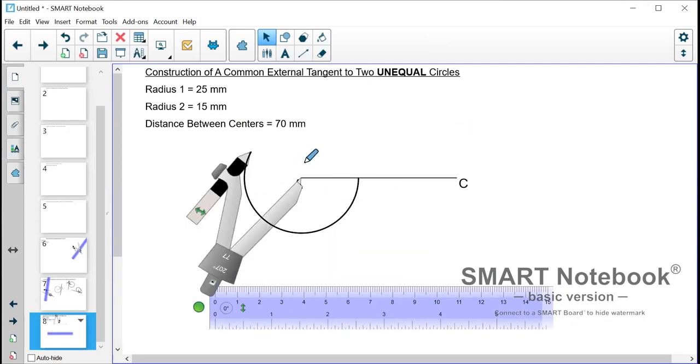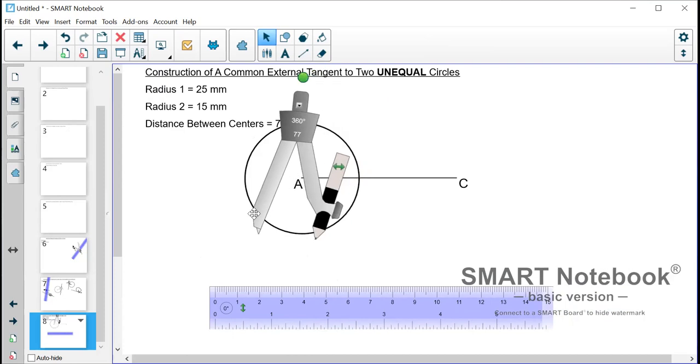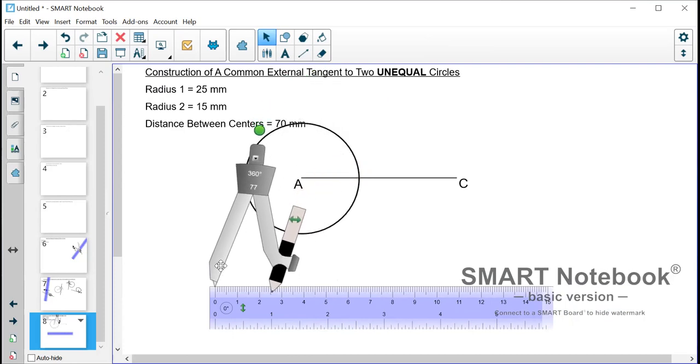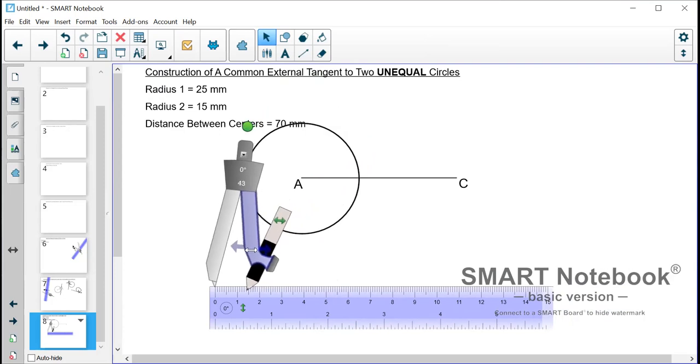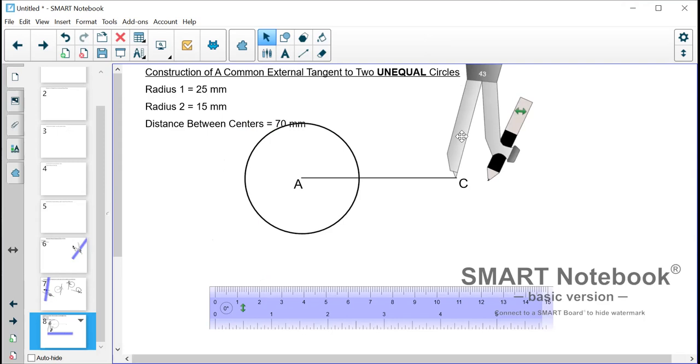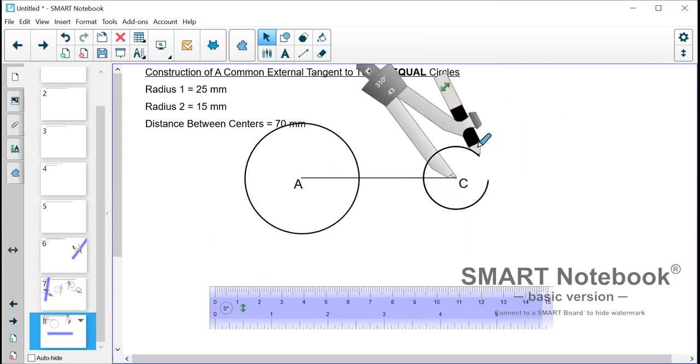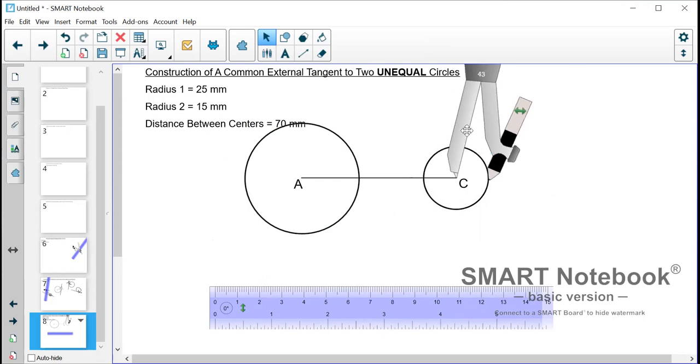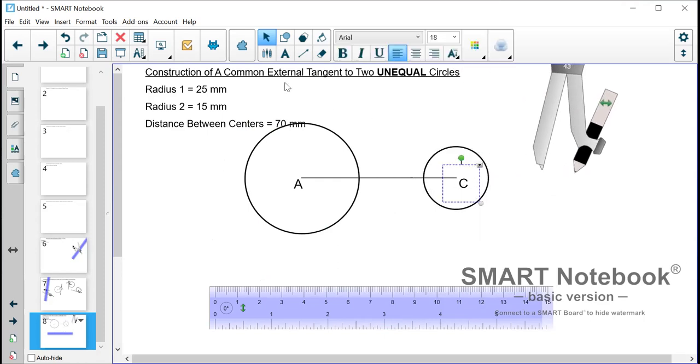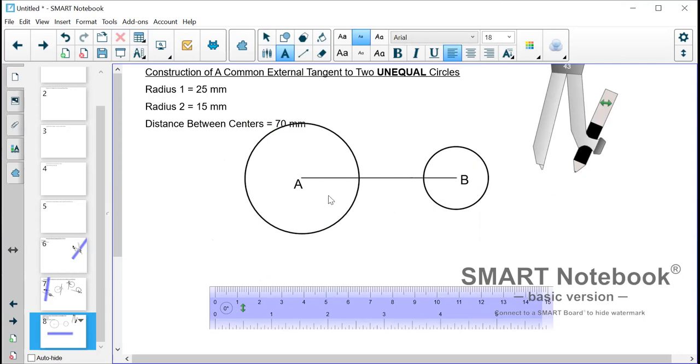After we finish that, we draw the second circle, which is 15, and we draw that circle from B. I'll just get rid of that and label B. Very well.